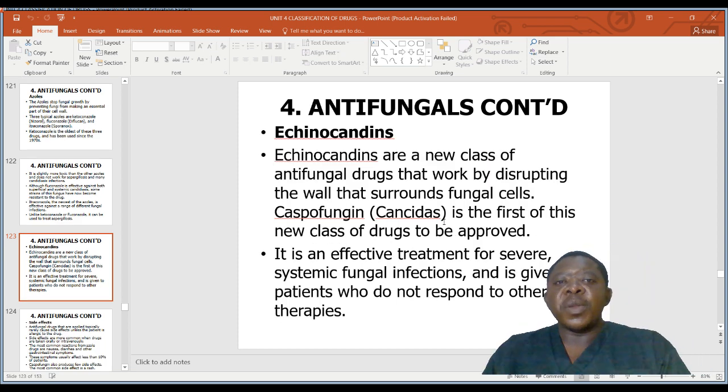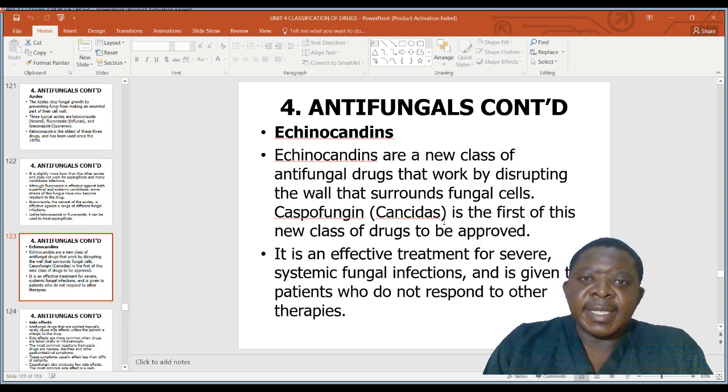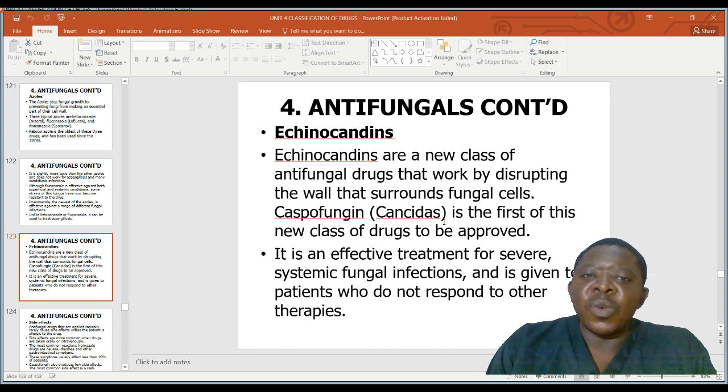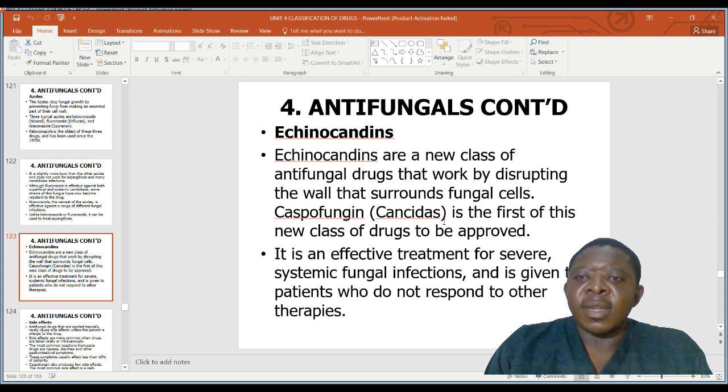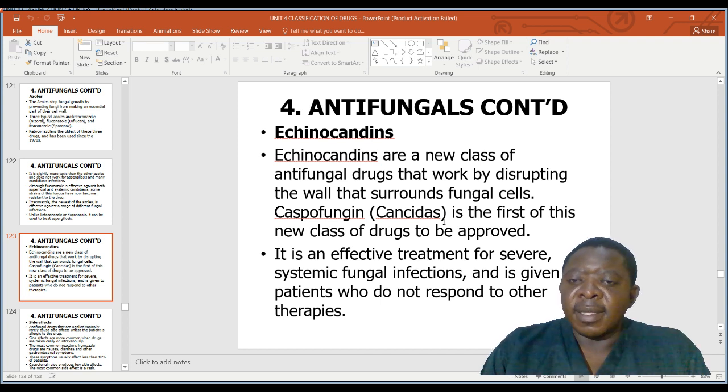Then we have the echinocandins. Echinocandins are a new class of antifungal drugs that work by disrupting the cell wall, the wall that surrounds the fungal cells. One example is caspofungin, or Cancidas, the first of this new class of drugs to be approved.